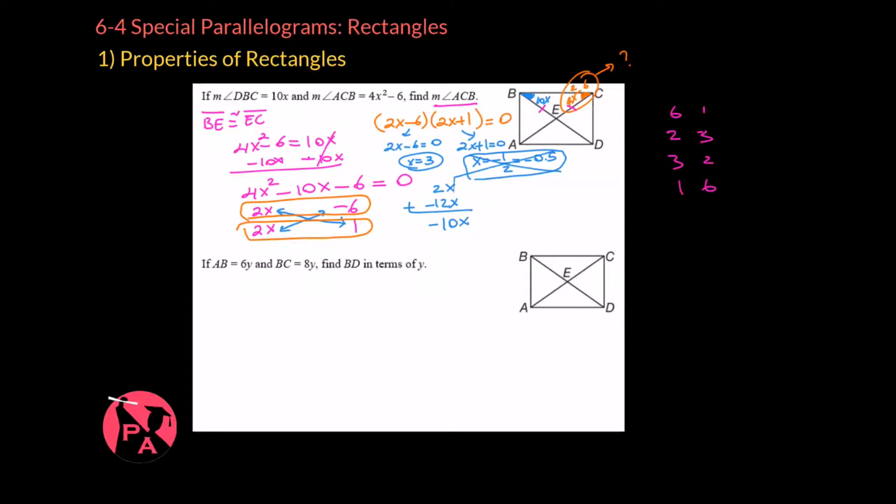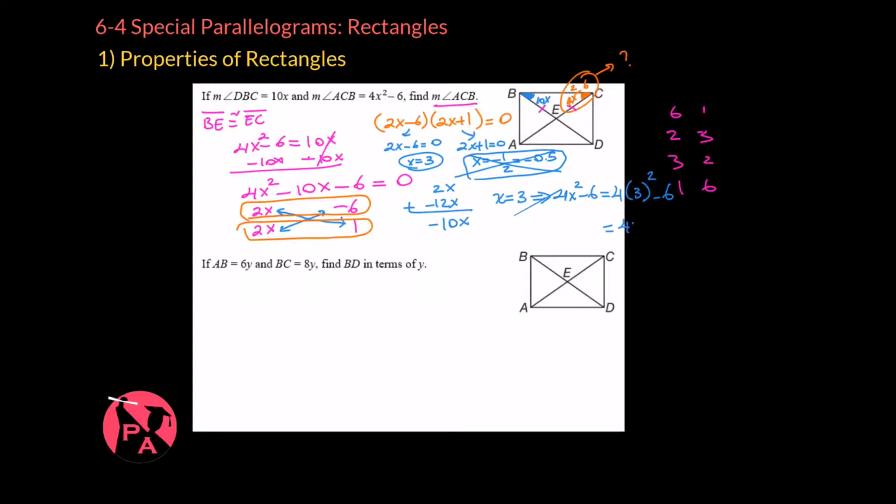So if x equals 3, then the measure of angle ACB, remember angle ACB was this, 4x squared minus 6, is going to be equal to 4 times 3 squared minus 6.